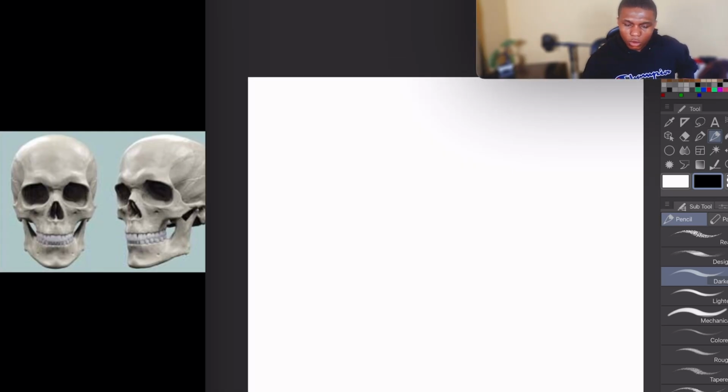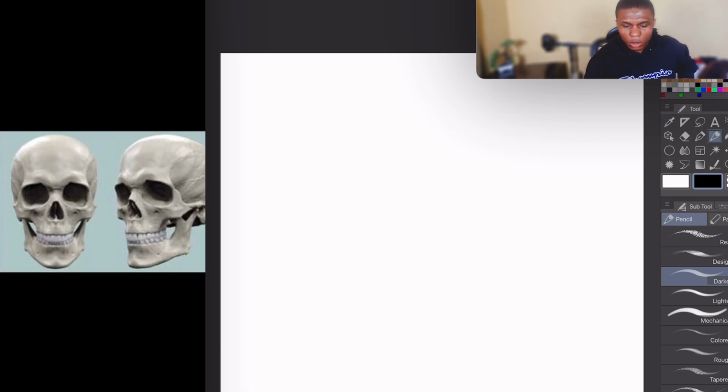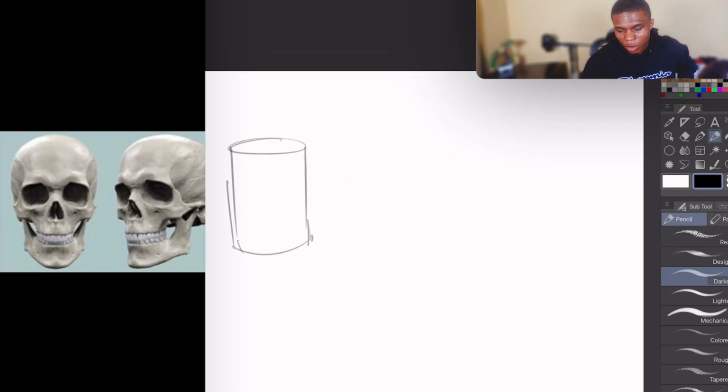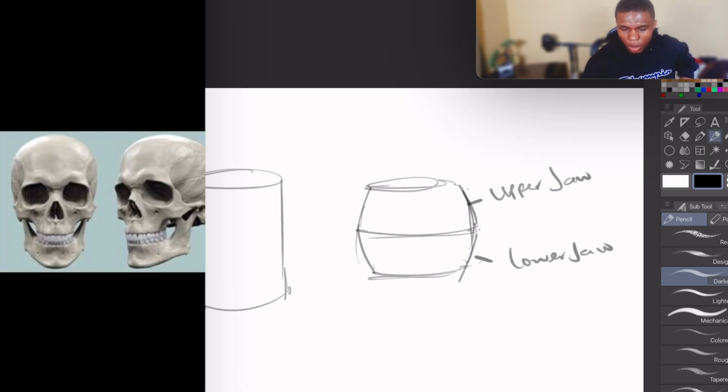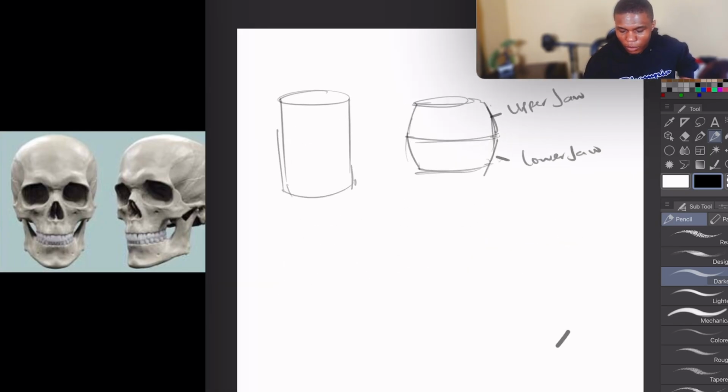When you're studying, you could use a simple cylinder to practice drawing the mouth so that you don't have to draw the whole face. And then you could use a barrel shape to draw the mouth. So this is going to represent our upper jaw, and this is going to represent our lower jaw. And we're going to start seeing this coming to life.